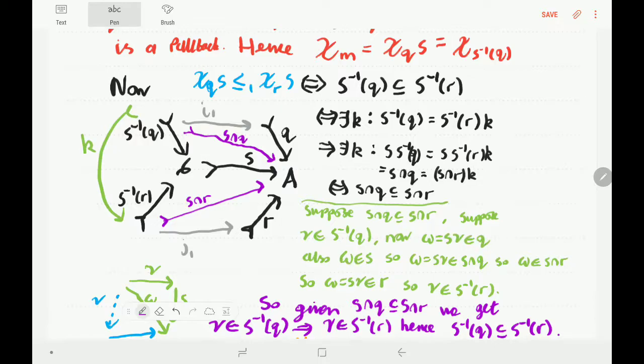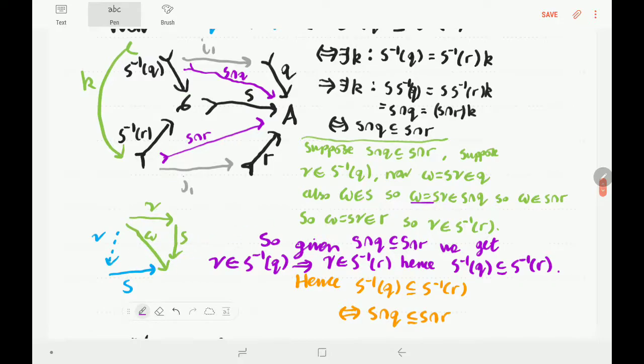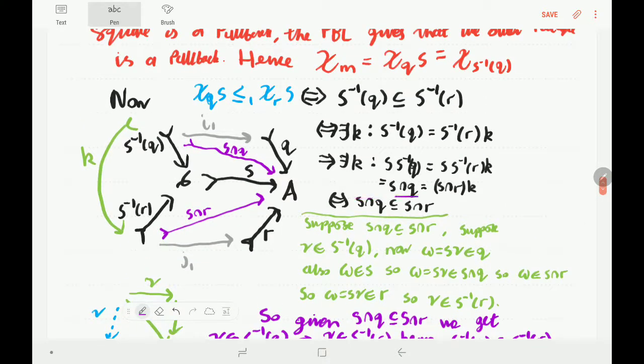We also trivially have that w is in s, so as you can see here, w is in s intersection q. Now, since we're assuming this, we get that w is in s intersection r. So w is in r, and w is sv, and so v is in s to the minus 1 of r. So we've now shown that given this black statement here, we have this blue statement.